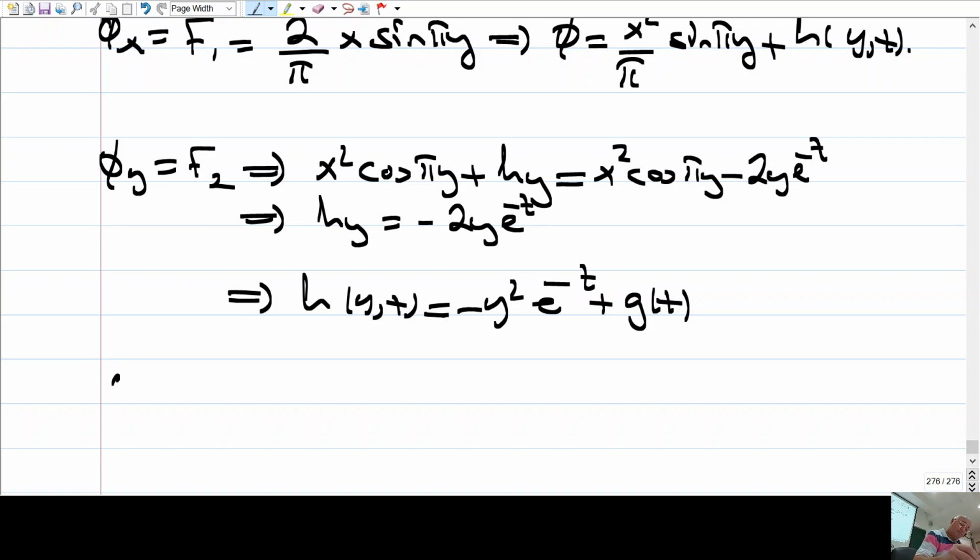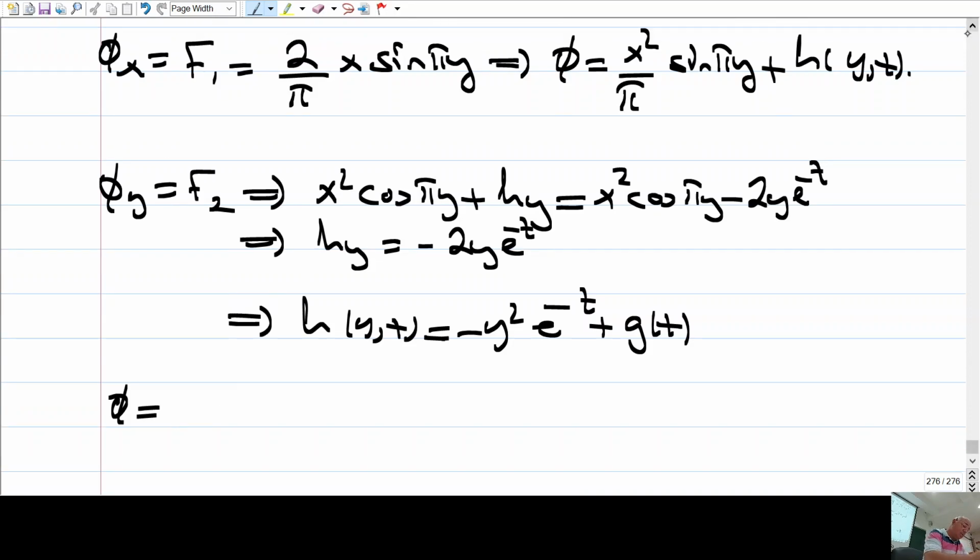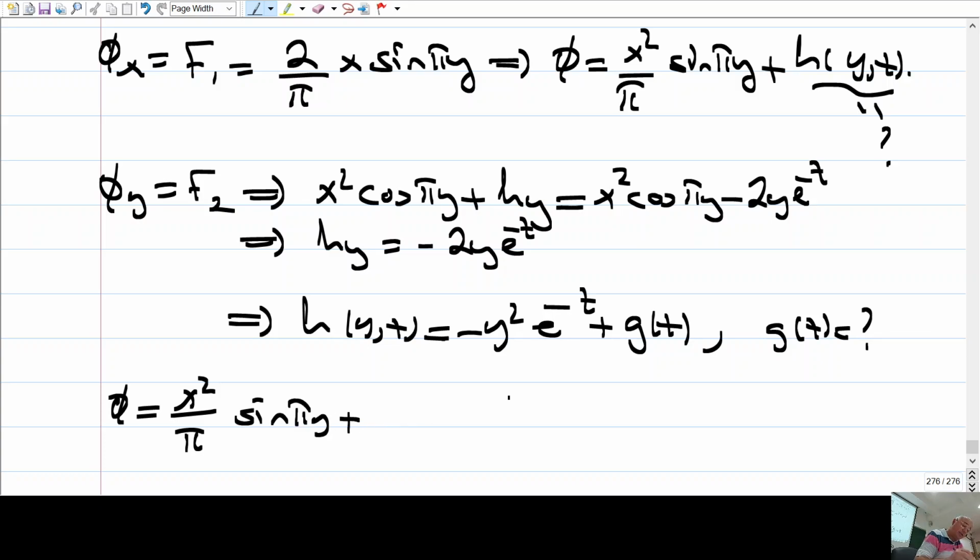So from this we see that phi is x squared over pi sine pi y plus h, where h is minus y squared e to the power minus z plus g(z).